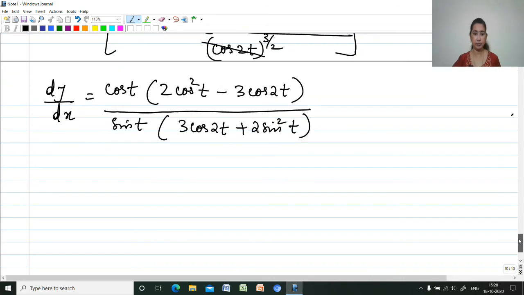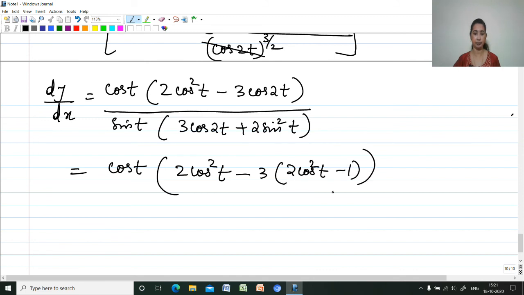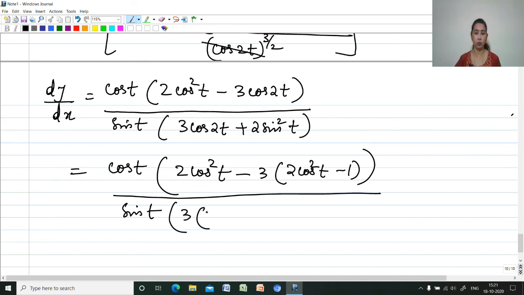Now again, instead of cos 2t, we can substitute the values. So this is equal to cos t into 2 cos square t minus 3 into, instead of cos 2t, we can write 2 cos square t minus 1, identity, divided by sin t into 3 into, here 1 minus 2 sin square t plus 2 sin square t.